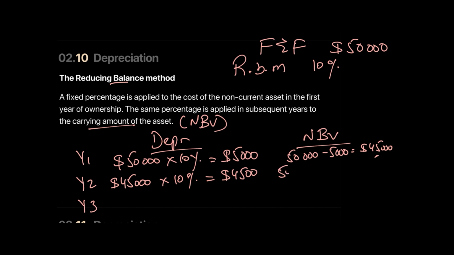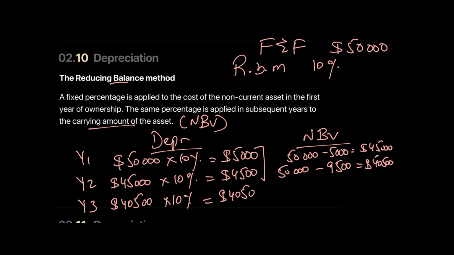So this will be 50,000 minus accumulated depreciation of 9,500, that becomes 40,500 as my net book value in year 2. In the third year, we now use this net book value of 40,500, depreciated at 10%, and you will get 4,050.